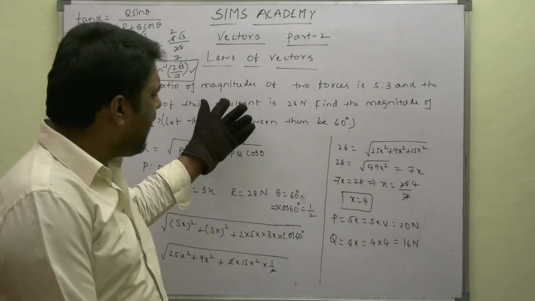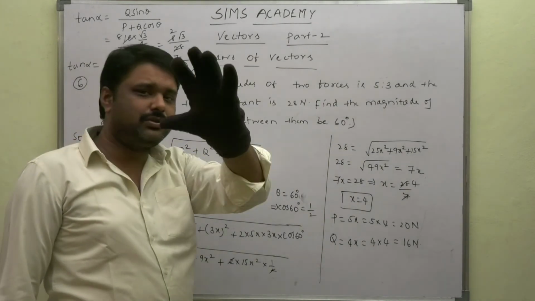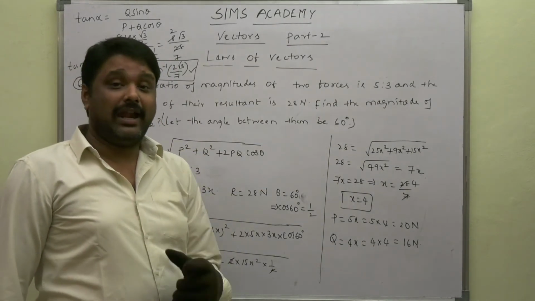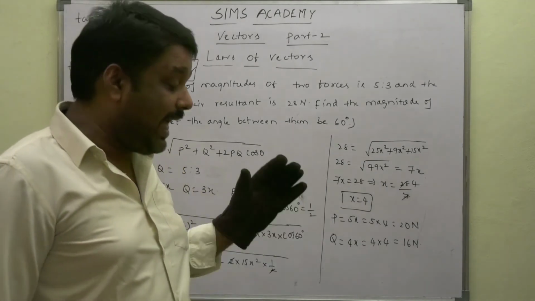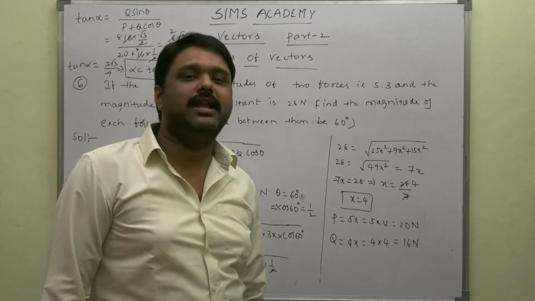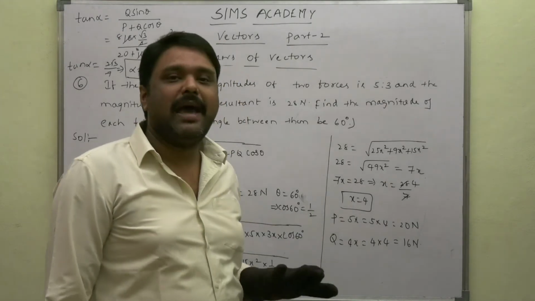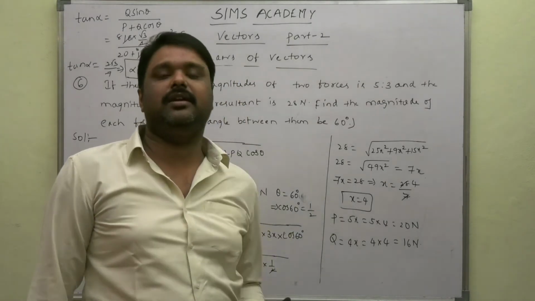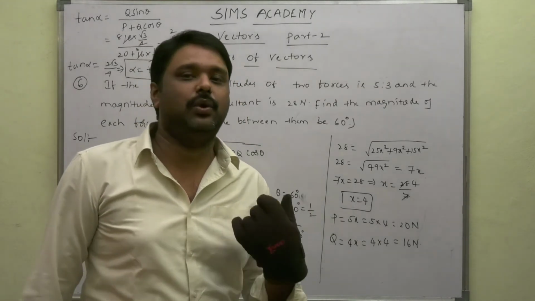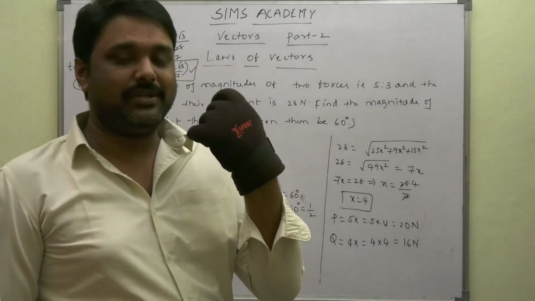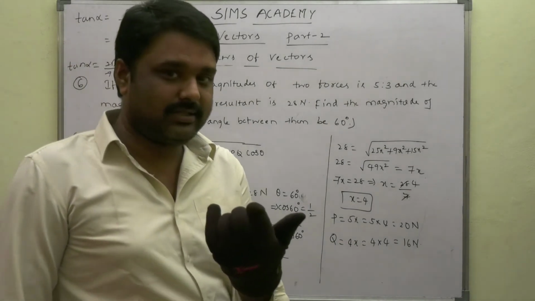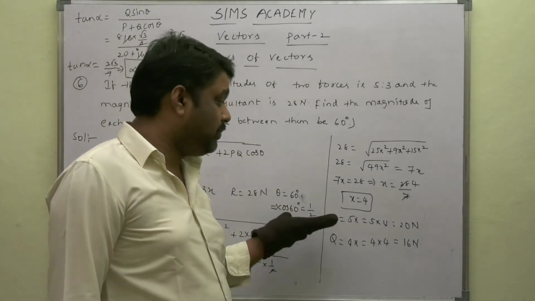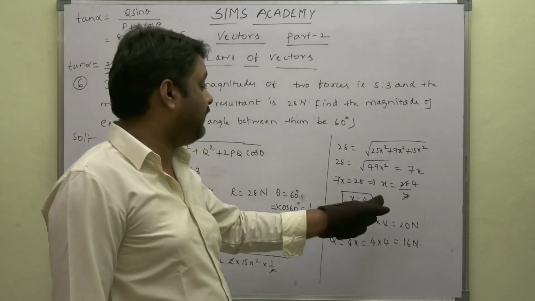You see, we are given the ratio of the magnitudes of the two vectors, and the resultant magnitude is given as 28 newtons, and the angle between the two vectors is 60 degrees. We applied the parallelogram law of vectors, where the resultant magnitude is R equals under root of p square plus q square plus 2pq cos theta, where theta is the angle between those two vectors. You found the values of both p and q after finding the value of x.